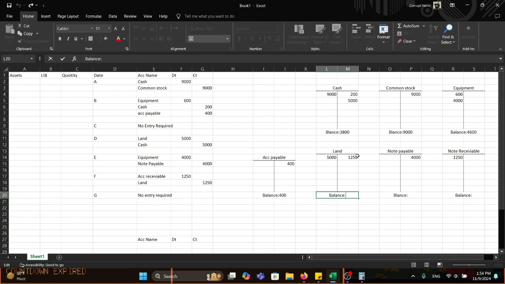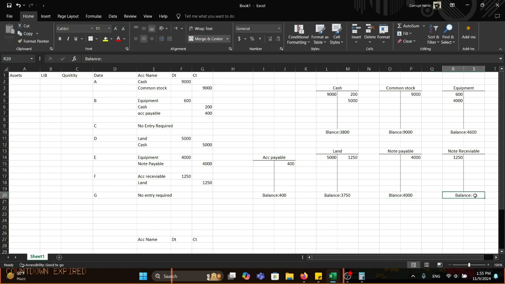The balance is gonna be 3,750. And note payable is gonna stay the same, 4,000, and this is gonna be the same also.